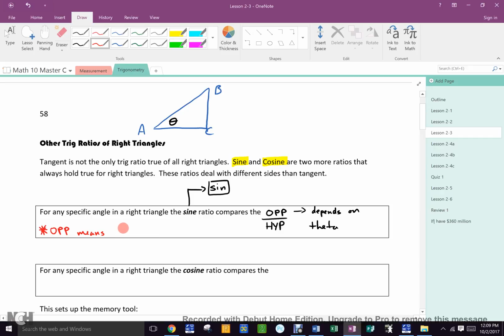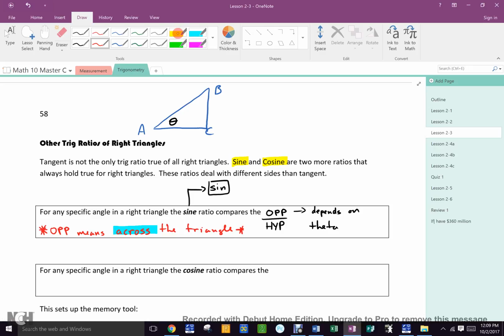What does opposite mean in trig? Thank you, Jashin. It means across the triangle. I cannot stress this enough. I'm going to highlight across as well and put single stars. Everybody understands this concept, yes?